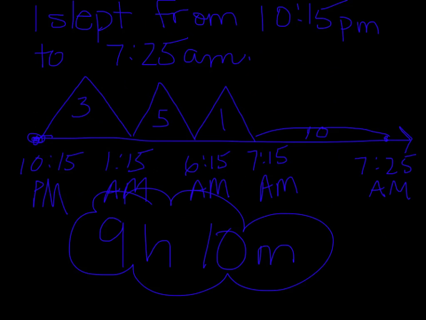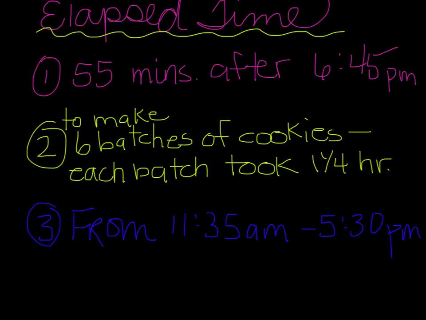I'm going to give you a couple I want you to try on your own so that you can bring those to class tomorrow. Okay, here's 3 problems for you to find the elapsed time on your own. Number 1, find the elapsed time of 55 minutes after 6:45 p.m. What time would that be? Draw me a timeline. Yes, draw a timeline.